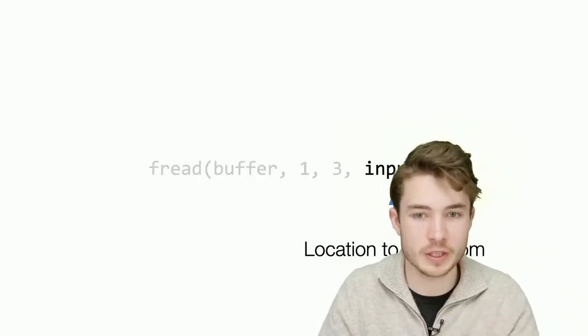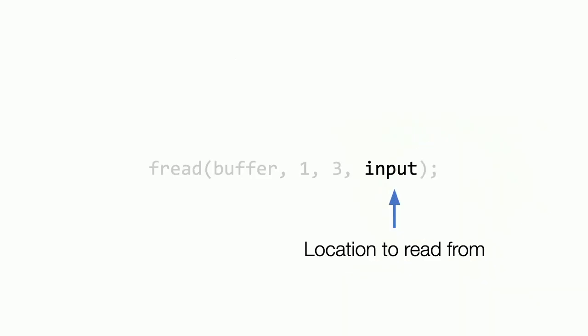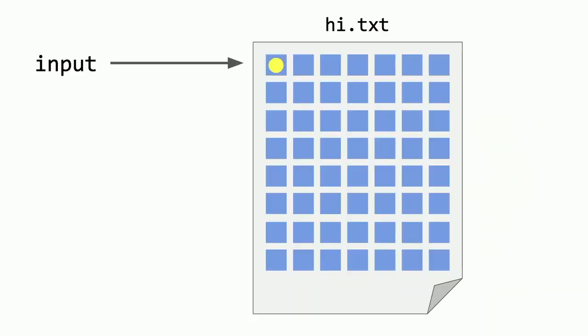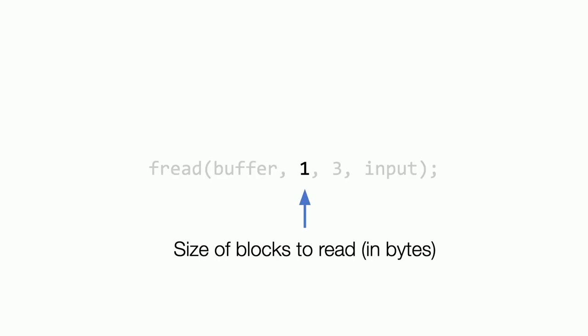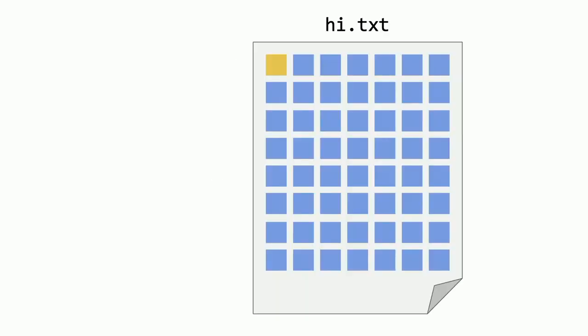So first, if we look at this location to read from input, we're telling our file, okay, here's where we're reading from, the start of our hi.txt file, because we opened it using fopen just a little bit ago. Now we finish the question. What's the size of blocks to read? Well, they're a single byte big. Now, how many do we want to read? We want to read 3 of them. So we'll kind of look at 3 of these here.